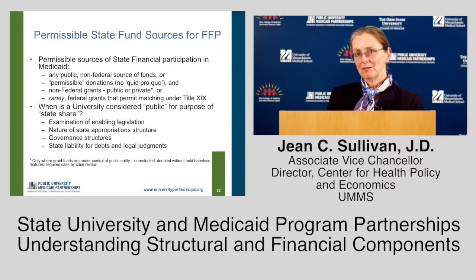Grant funds can be the source of matching, particularly if it's a public grant-making entity and non-federal. Private grants, there's an asterisk there because they could be a source of match, but only if the private funds are donated or made available without an expectation of payment back.